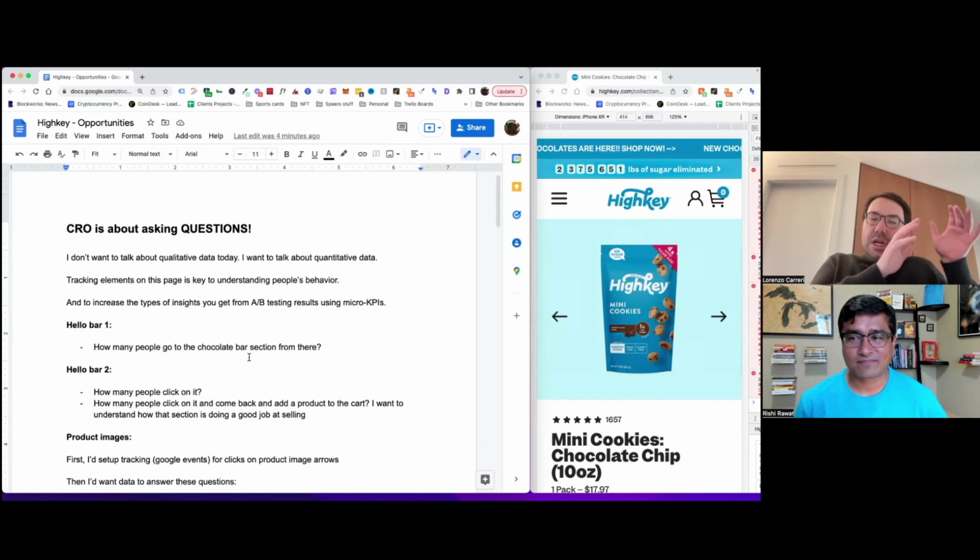So again, not just valuable for understanding the behavior of the people on the page, but also to get more insights after an experiment is completed.